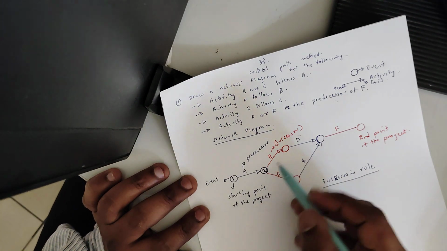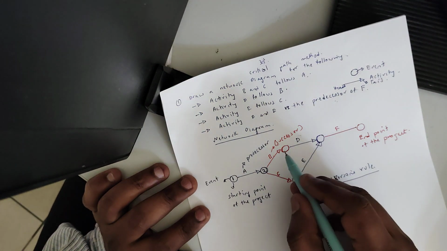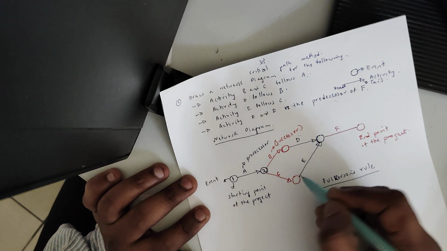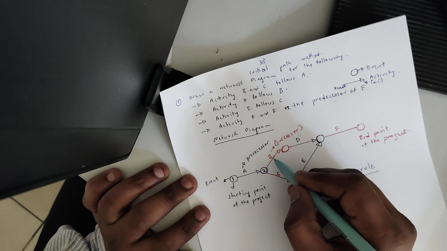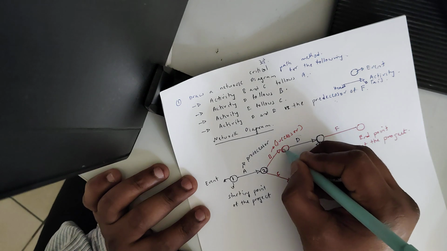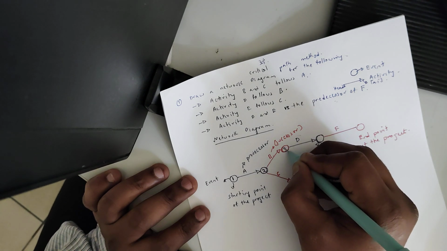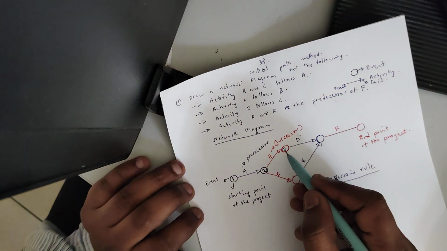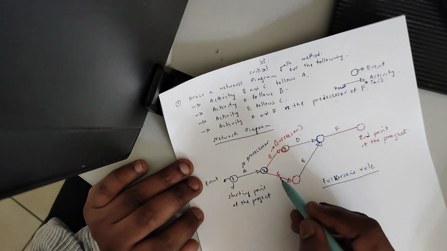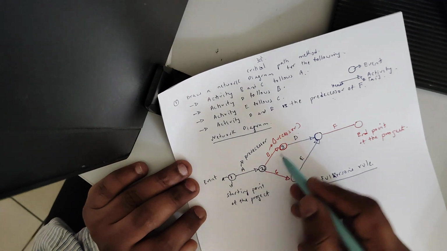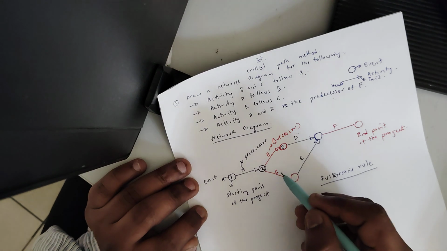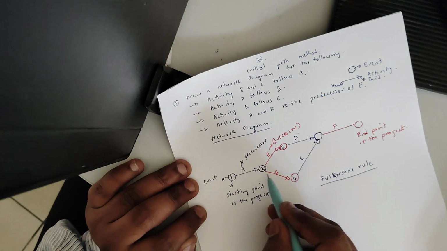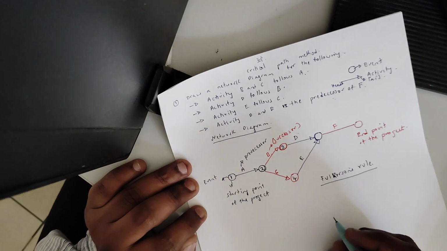Next, you can keep event 3 either once activity C is completed or once activity B is completed. Now I am mentioning 3 for when activity B is completed. Next I come to activity C, so I am mentioning 4: the fourth event is completed once activity C is completed.